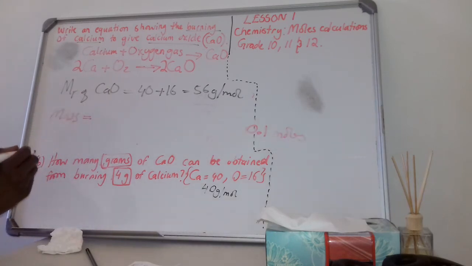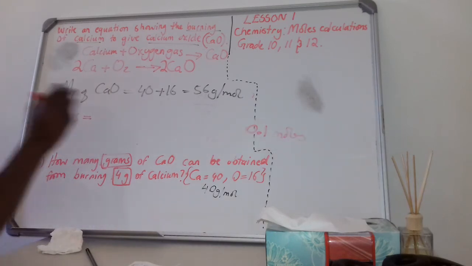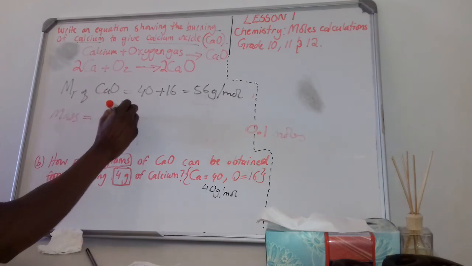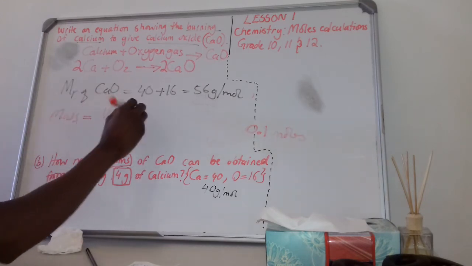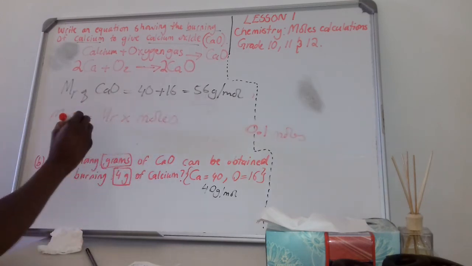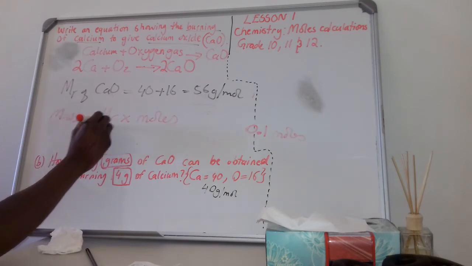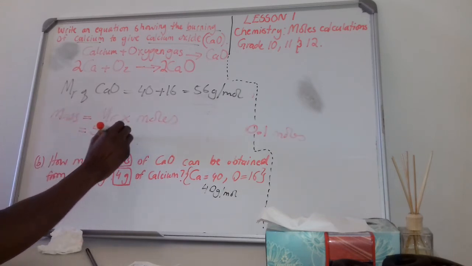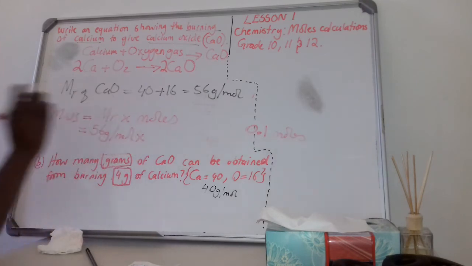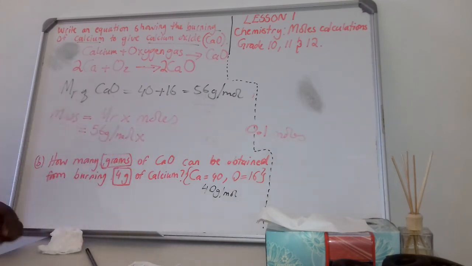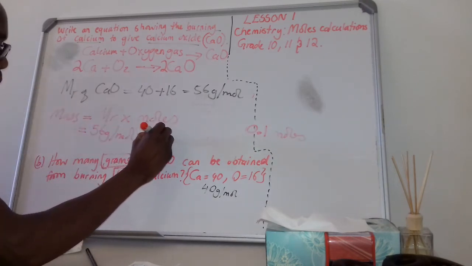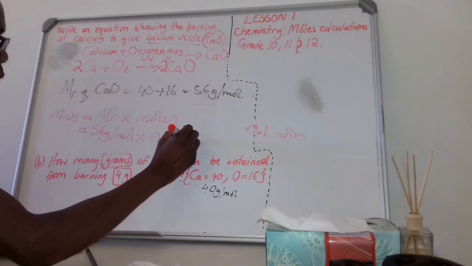will be equal to the molar mass times the number of moles. What is the molar mass? 56 grams per mole. Times the number of moles, 0.1 moles.